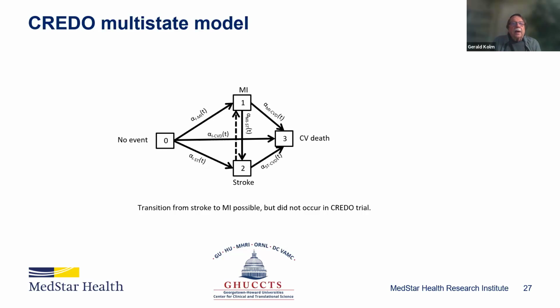And I put the dash line in there because that would be a possible way that a person could go from one competing event to another, but having a non-fatal stroke and then having a non-fatal MI didn't occur in the CREDO trial. But experiencing a non-fatal MI and then a non-fatal stroke did. So that's why the diagram looks like that.